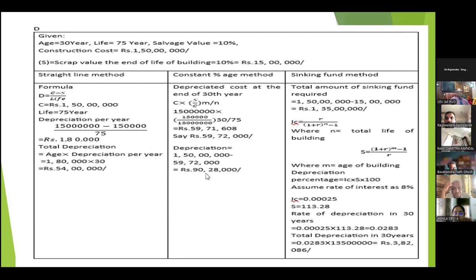So the depreciation in this case comes out to be 90,28,000. See the huge difference. Here depreciation is 54 lakh and this is giving you depreciation 90,28,000.